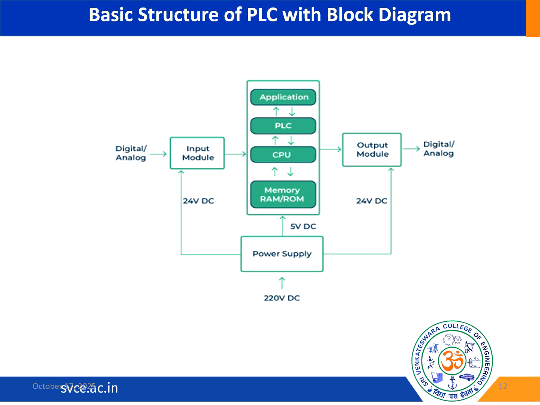It is then divided into three parts and converted from AC to DC. Both the input and output take 24V DC and the main controller takes 5V DC. The input takes signals from the sensors and other devices and passes them to the PLC main part.